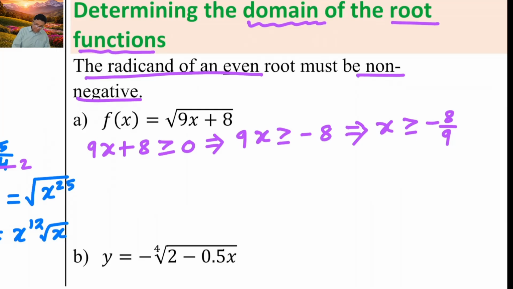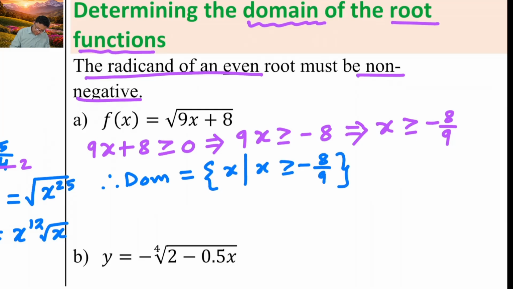And so you say, therefore, domain is x such that x is equal or greater than negative 8 over 9. You can write like that. If you want to write in interval notation, you would write negative 8 over 9 to infinity.